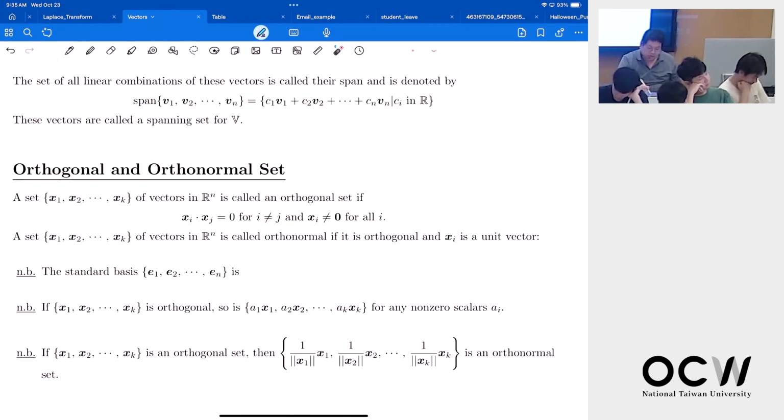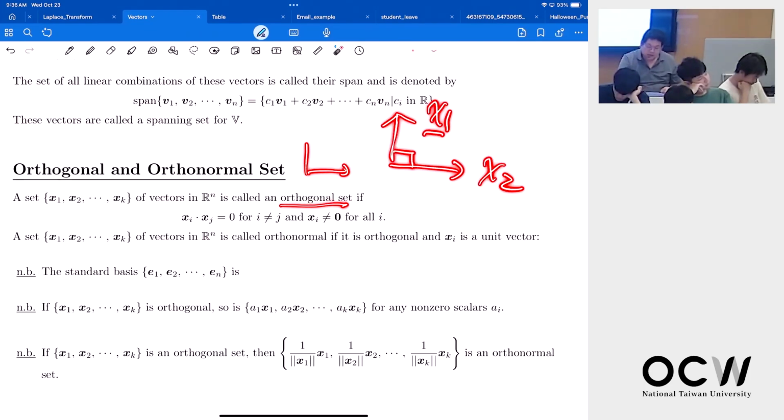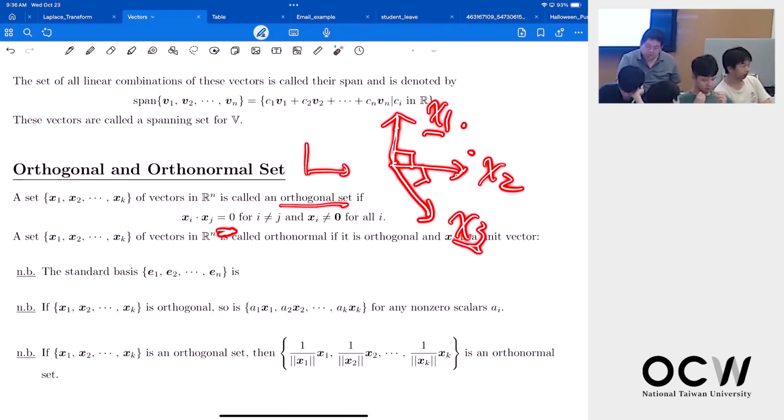Then they are called orthogonal, which means they are perpendicular. So x1 is here, x2 is here, and they are orthogonal, so their dot product is 0. But the vector itself is not a 0 vector. And I may have another one, x3, and x3 is also perpendicular to x1 and x2. When they do the dot product, they are 0.